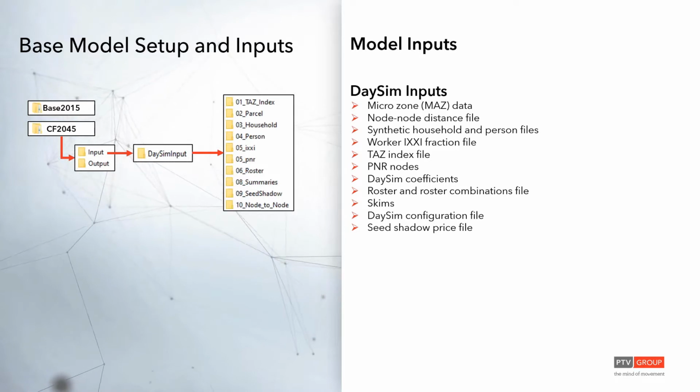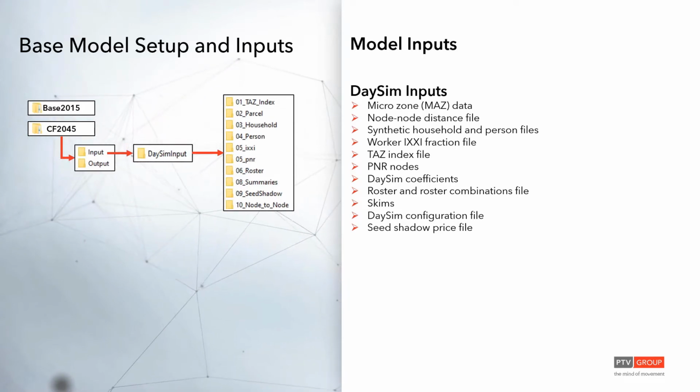So a roster file is where you would define all the skims that need to be used for each mode. For each period, you can do that. And then roster combination, the combination between modes and paths in DaySim.